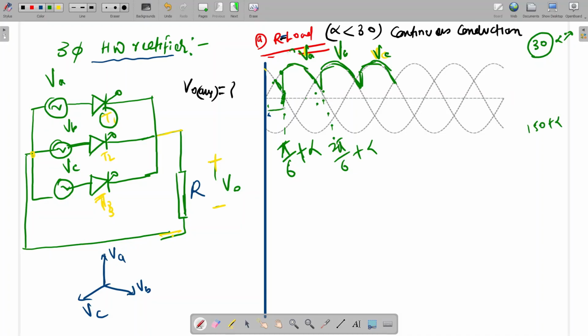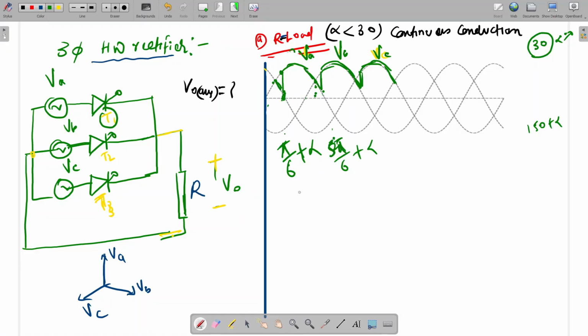So this is 60, this is 60, and here to here it is 30. So 60 plus 60 plus 30, 150 plus alpha. So 150 means how much? 5 pi by 6. This will be 5 pi by 6 plus alpha.